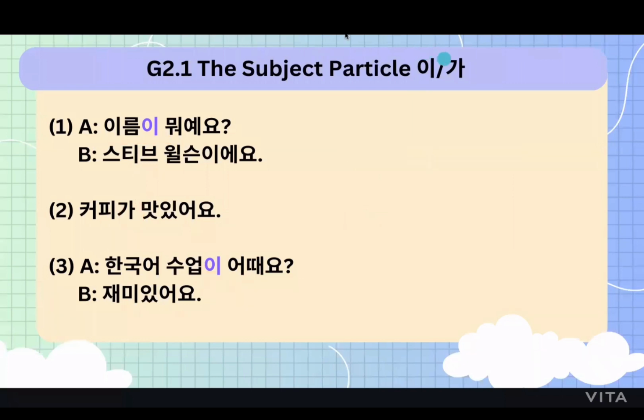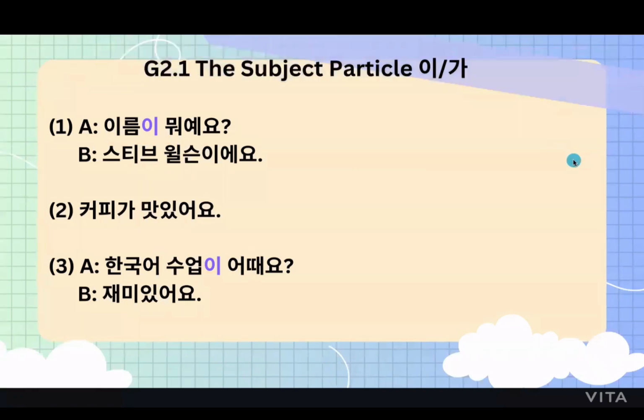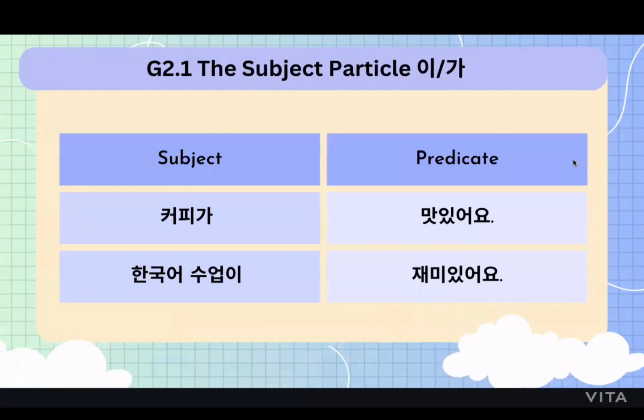Alright. 자, then let's go to the next page. So here, look at this. So subject and predicate, right? Each sentence should have a subject and predicate. So 커피가 and 한국어 수업이. So in the Korean language, you can catch what is the subject. Oh, there is 가 or 이.